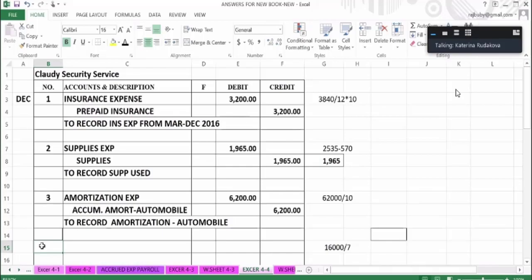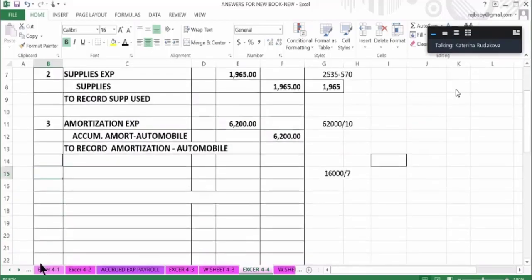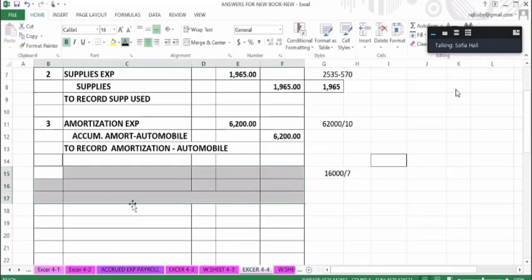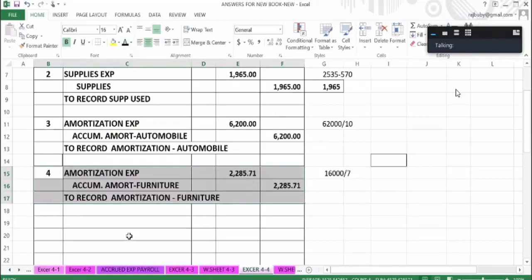The office furniture had an estimated useful life of 7 years. Furniture 16,000 divided by 7. Then accumulated depreciation office furniture. And amortization expense.